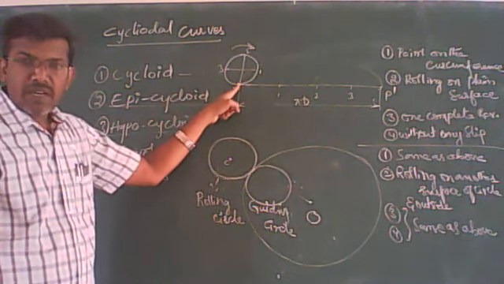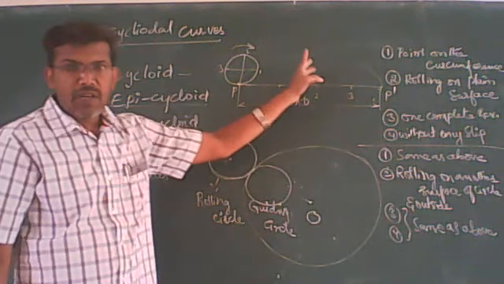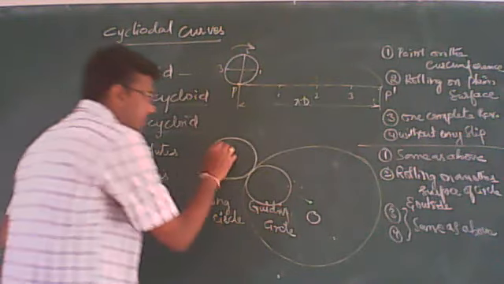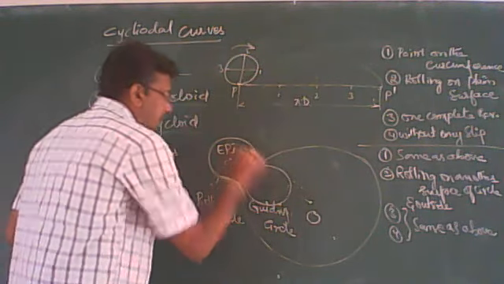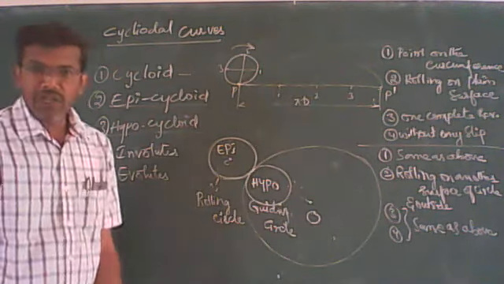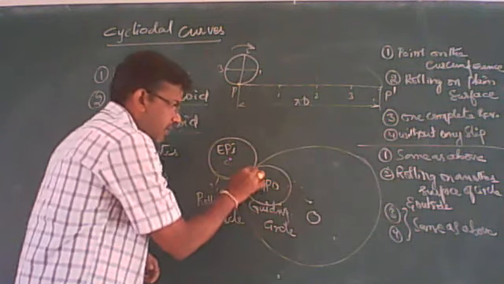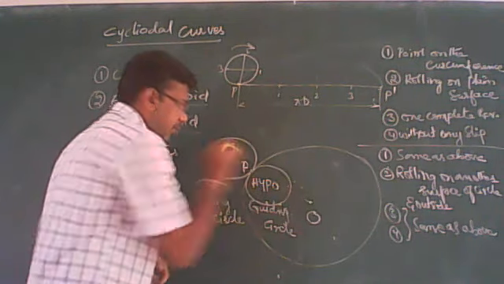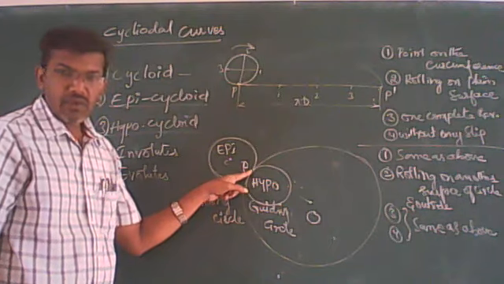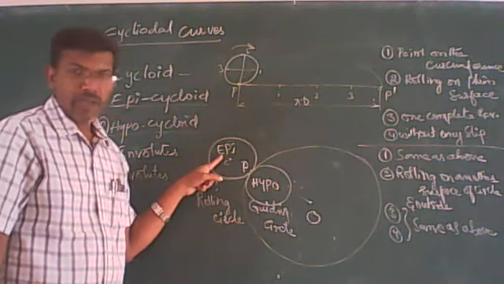A point on the circumference of the circle rolling on a plane surface for one complete revolution without any slip. This is plane surface. Second, epicycloid. So this is epi and this is hypo. I think it is clear. The point on the circumference of the circle, this is point P, rolling on another surface of the circle is called epicycloid.